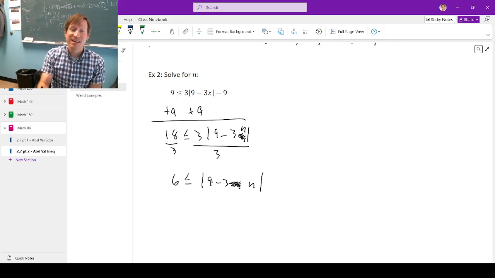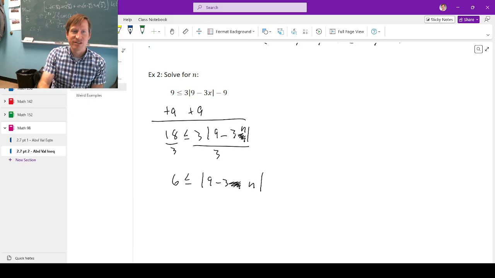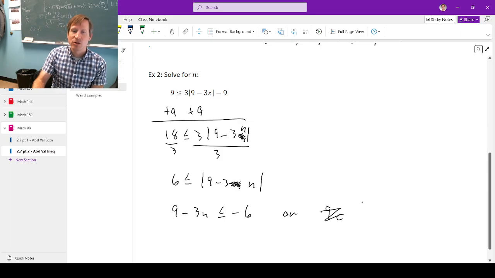So the stuff inside the absolute value goes outside the positive and negative versions of 6. So we get 9 minus 3n is less than or equal to negative 6, or 6 is less than or equal to 9 minus 3n.